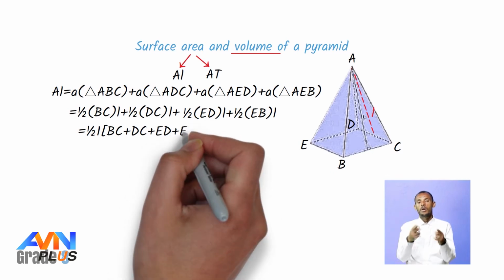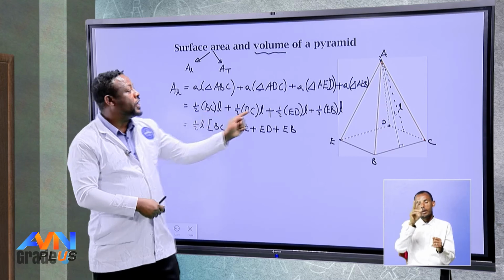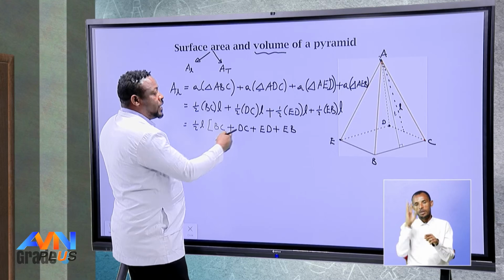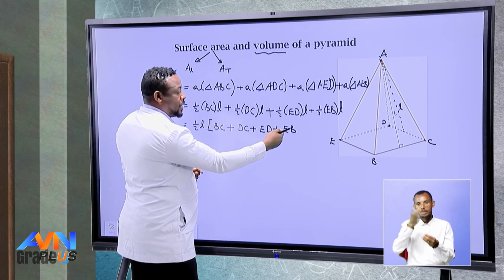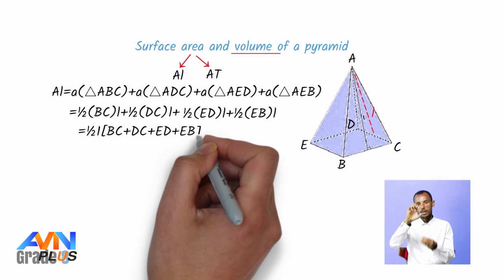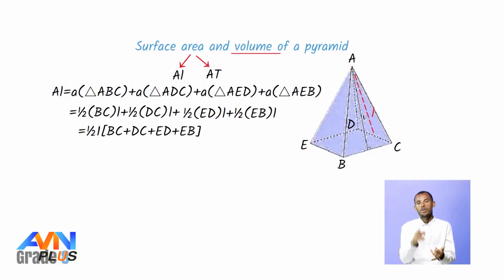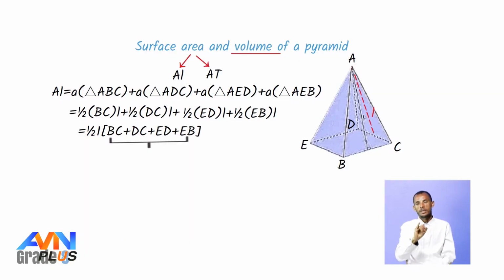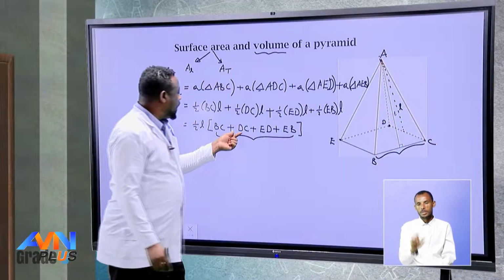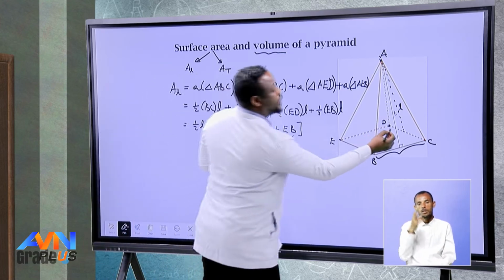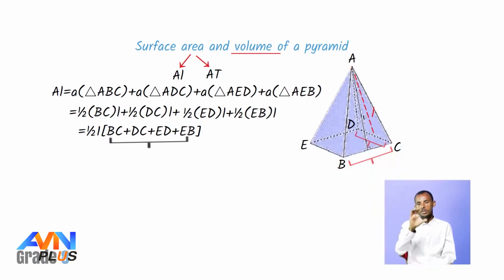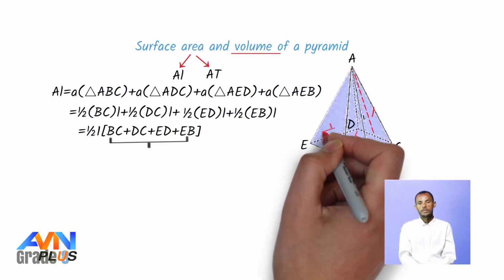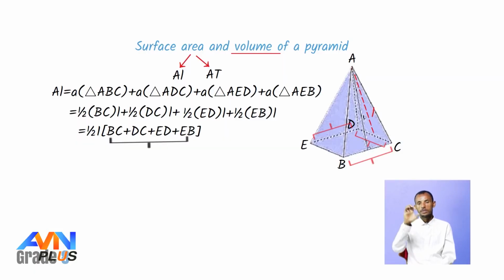So whenever you factor out half and L from each of these terms, the remaining thing in the bracket will be BC plus DC plus ED plus EB. Now you need to consider this whole expression. BC is this part, DC is this part, ED is this one, this side, and EB is this one.